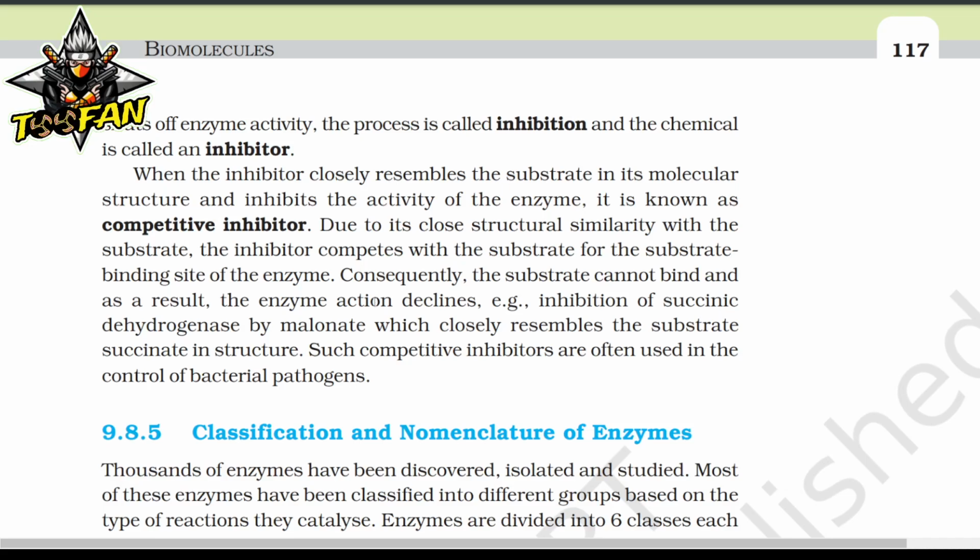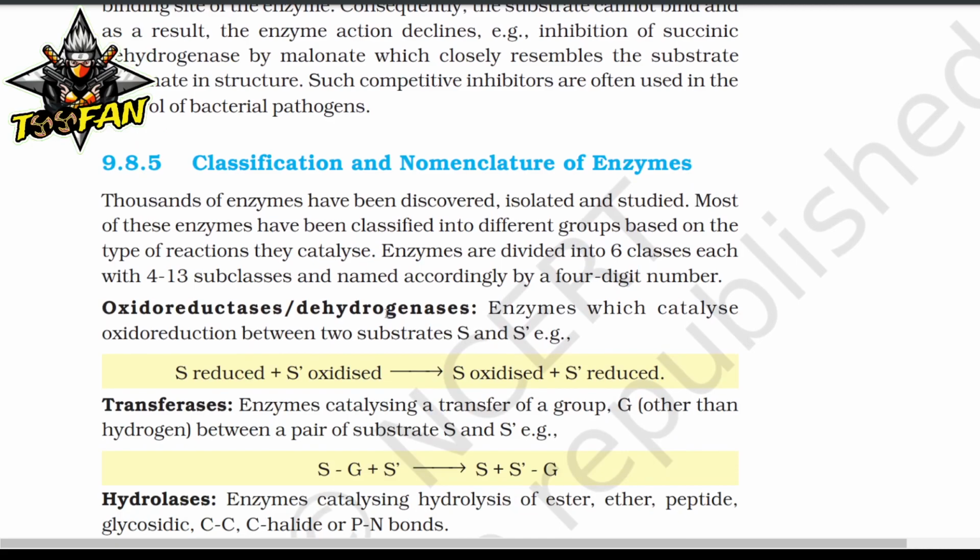Due to its close structural similarity with the substrate, the inhibitor competes with the substrate for the substrate-binding sites of the enzyme. Consequently, the substrates cannot bind, and as a result, the enzyme action declines. Example: inhibition of succinic dehydrogenase by malonate, which closely resembles the substrate succinate in structure. Such competitive inhibitors are often used in the control of bacterial pathogens.